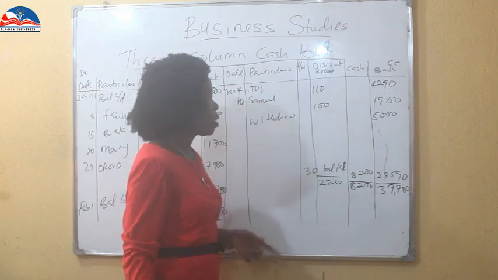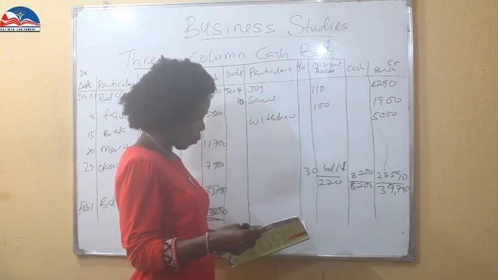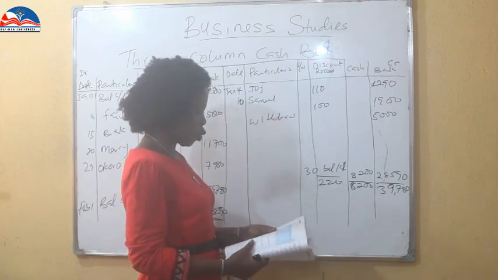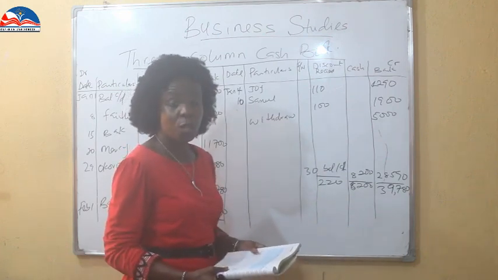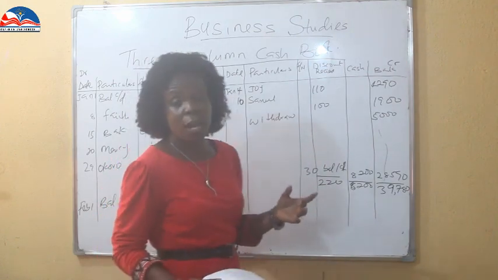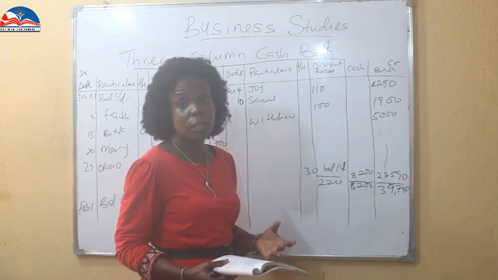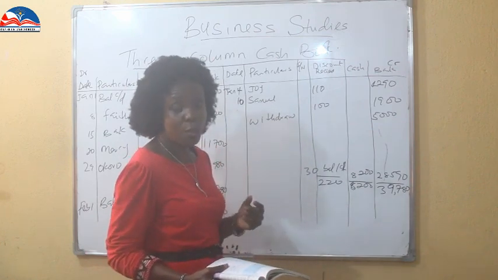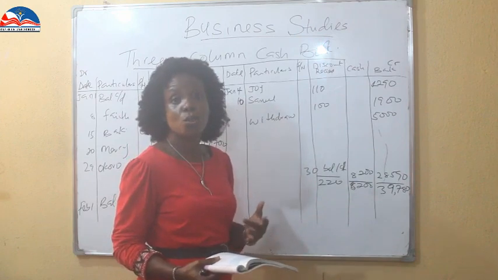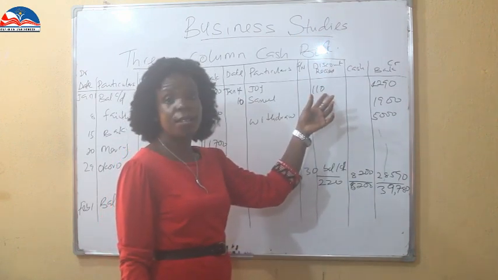And if you calculate 2.5% in our question for Joy on the 4th, it was supposed to be 4,400. 4,400 was supposed to be the amount. But when he was given 2.5%, if you subtract 4,290, which he actually paid, from 4,400, we are going to have 110 naira as the discount he received.